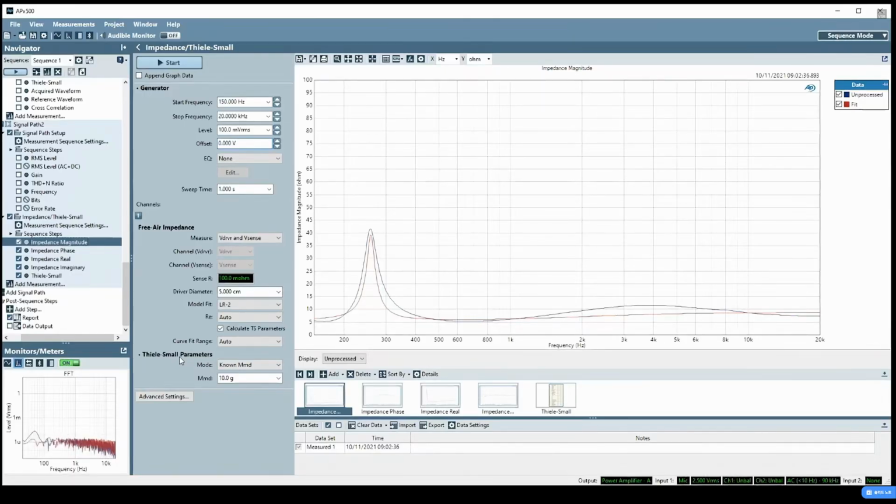So you're measuring the voltage across the driver and the voltage across a sense resistor and plotting the impedance and obtaining the Thiele-Small parameters from that. Everything else was acoustic and was acquired through the measurement microphone.